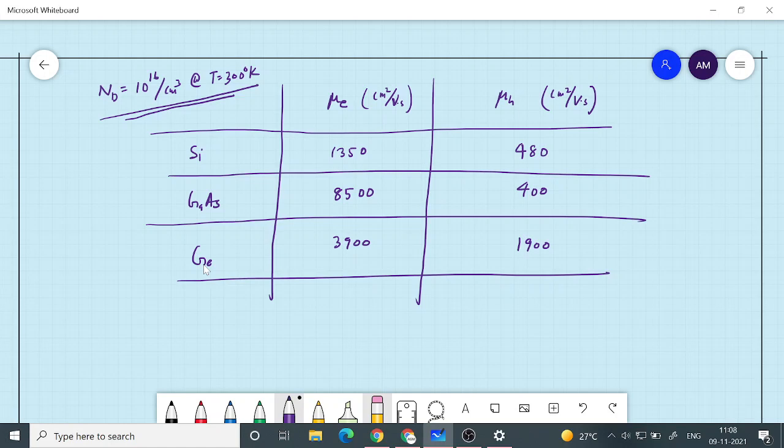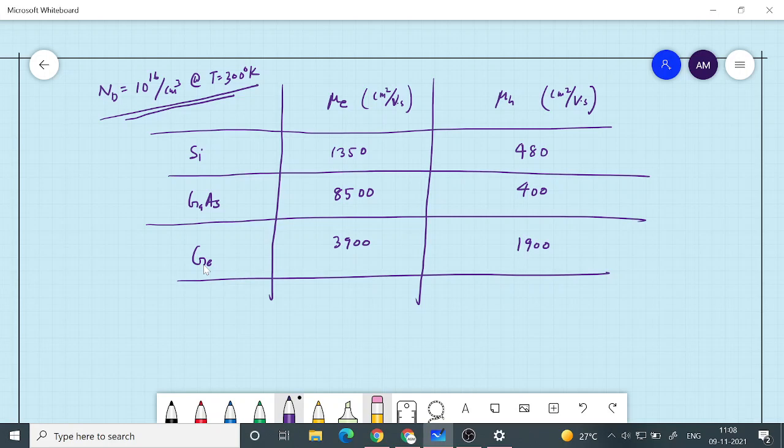NPN transistor is preferred over PNP transistor. The reason is this: for a given temperature, the mobility offered, because we are making mostly with silicon, in the NPN transistor the majority carrier is basically electrons, and they offer higher speed compared to the corresponding PNP transistor.